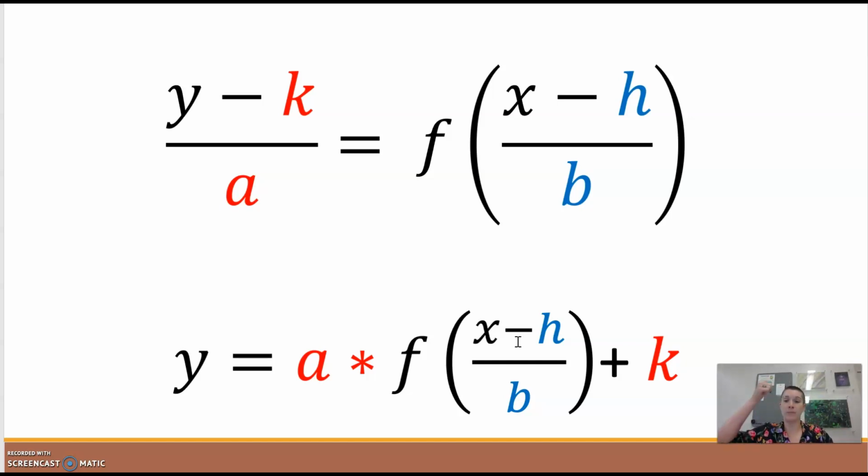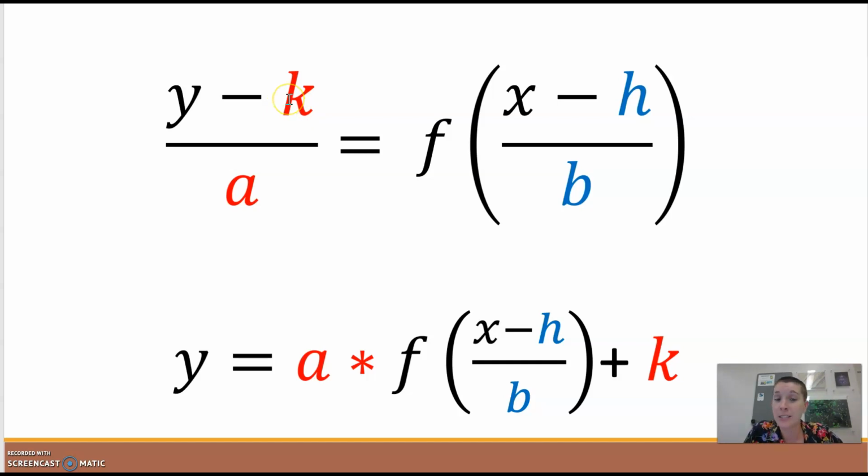Now, we can also move up or down. Up and down translations are along the y-axis, which means we're acting on y. That means if you use this as your general equation, we'll be acting on the left-hand side of the equation, outside of the parentheses. So our variable here is k. Now, if we move up 2, k is positive 2.